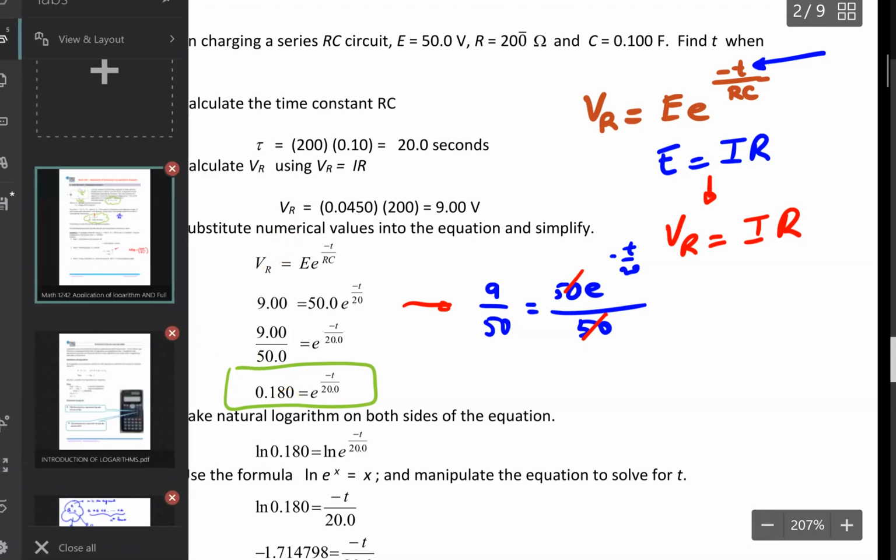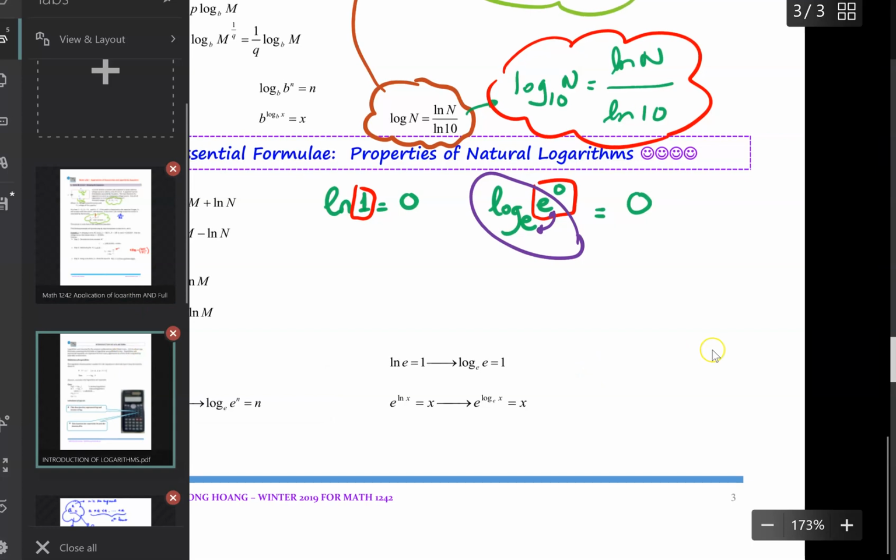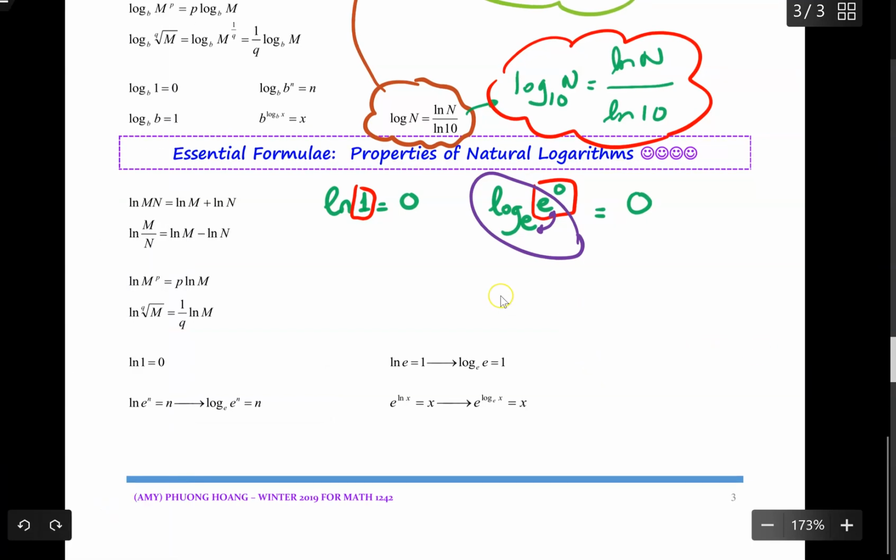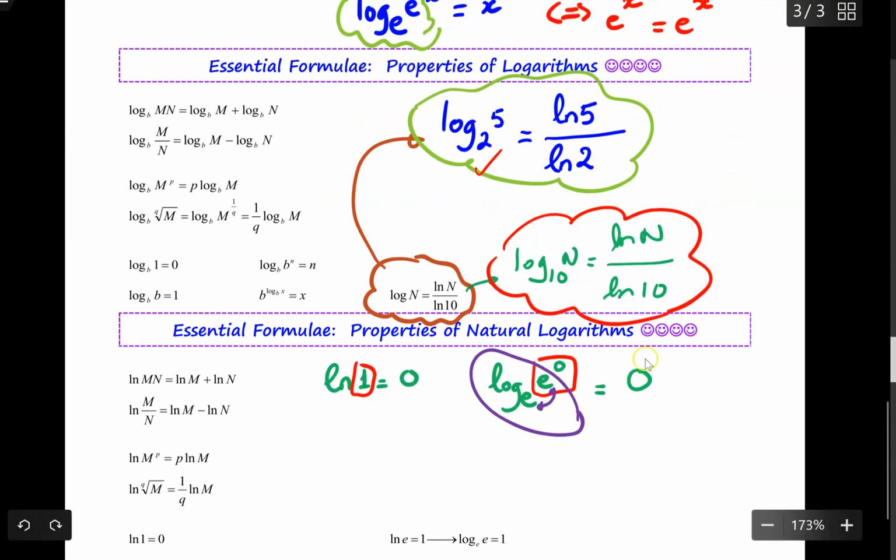Okay, so let me go back and show you what we have done. Yes, okay, this handout right here, I ask everyone to take a look at this, right? So note this. If you take the logarithm of two components multiplied with each other, you have to break them into two, applying the sum of the two logs.